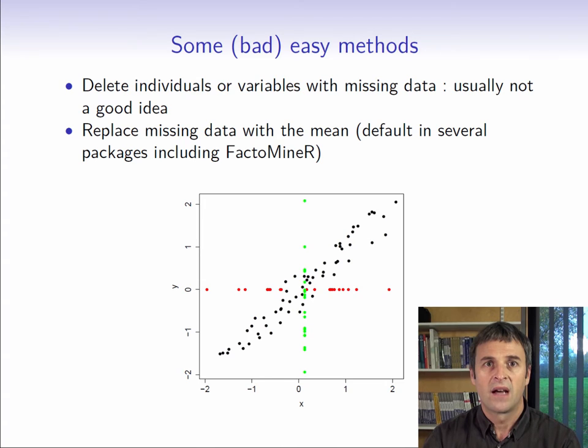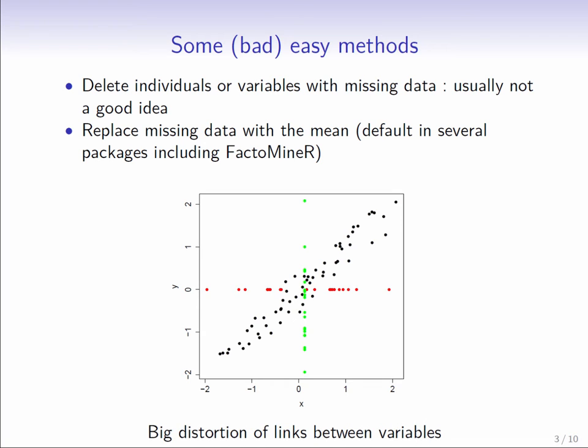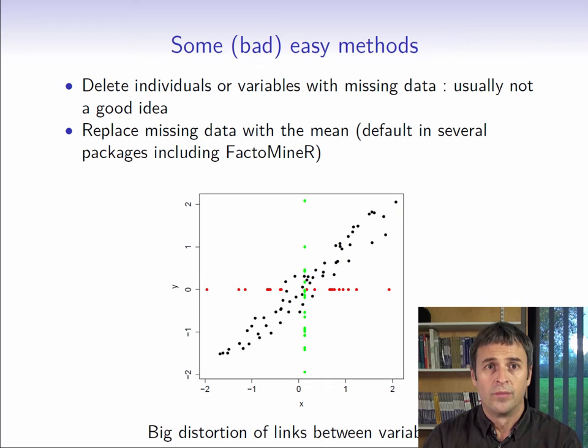The green points are individuals who had a missing value in x, and the red points are individuals who had a missing value in y. Clearly, imputing with the mean completely deforms the distributions of x and y, and the relationship between the 2 variables. What we can conclude is that replacing missing data by the mean is not a very satisfactory way to proceed either. So, what can we do?